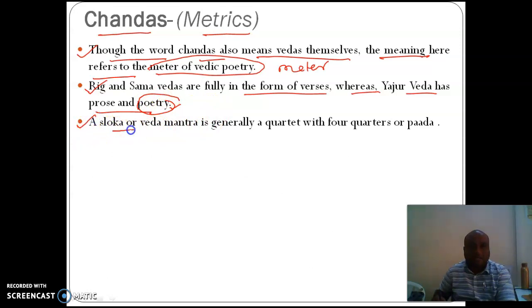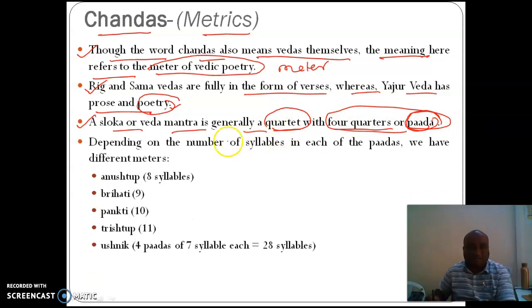A sloka or a Veda mantra is generally a quartet with 4 quarters, or padas. Depending upon the number of syllables in each of the padas, we have different meters.